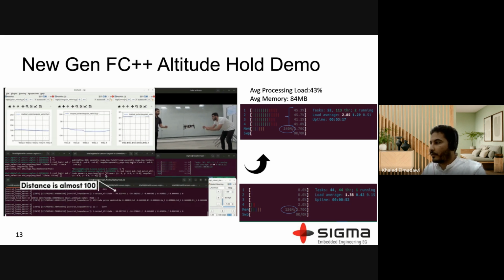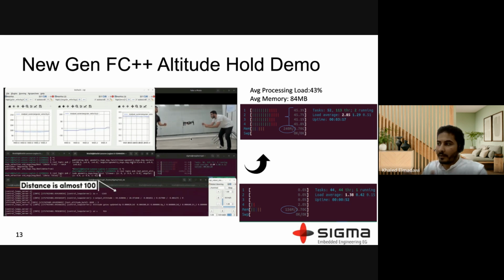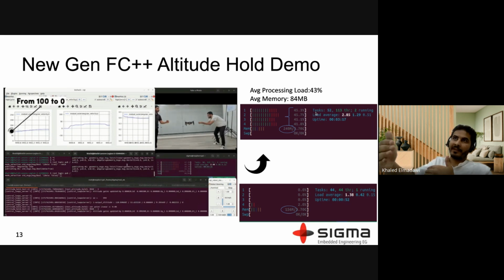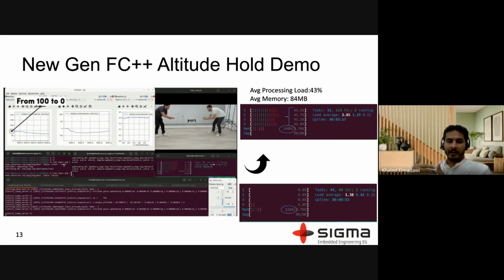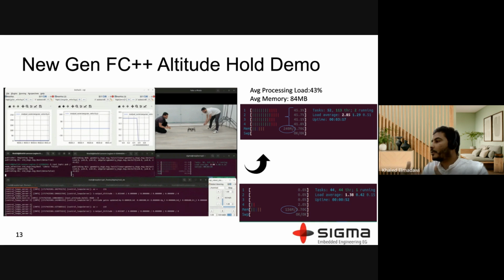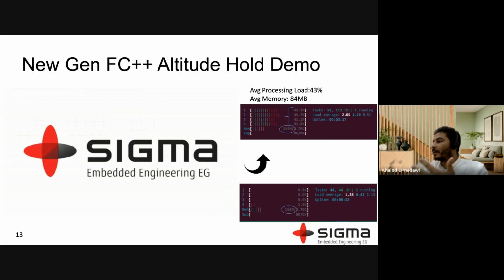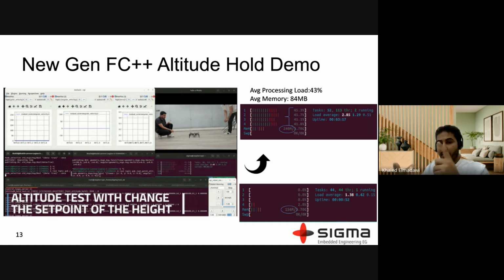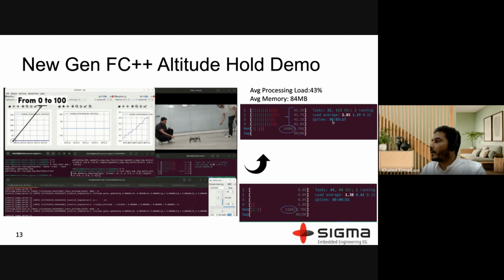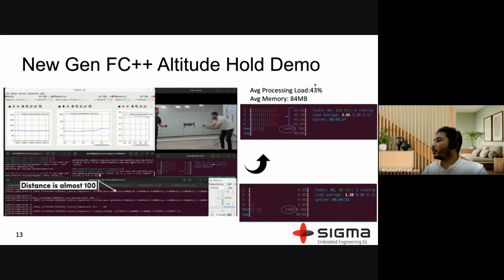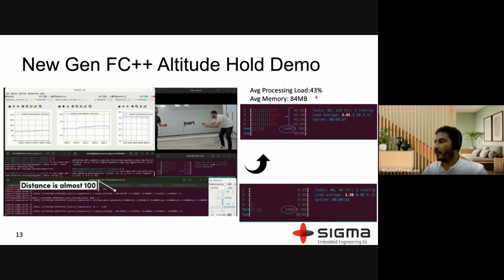The astonishing part, besides that it works fine, is that the full software stack of state observation, control loops, application layer, different sensor observation, and so on, only took around 84 megabytes of our memory, and a processing load of around 43%.